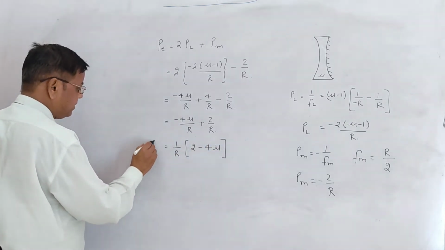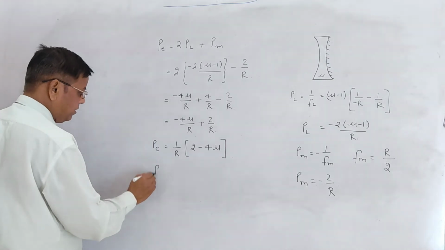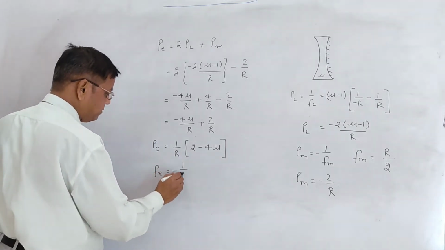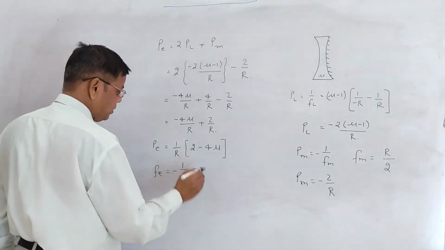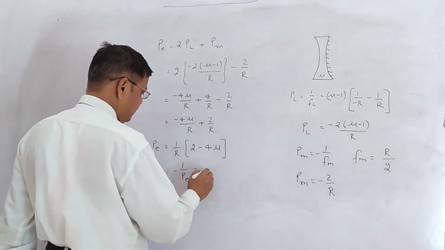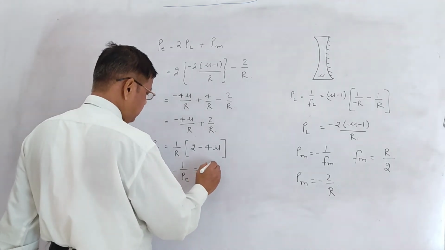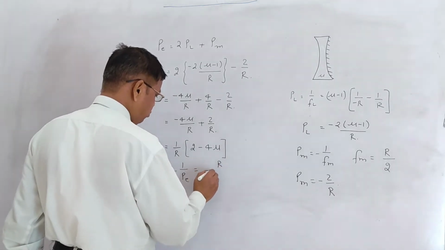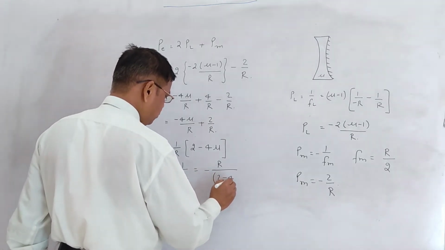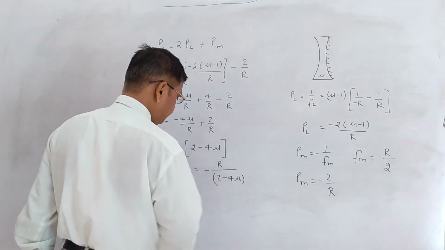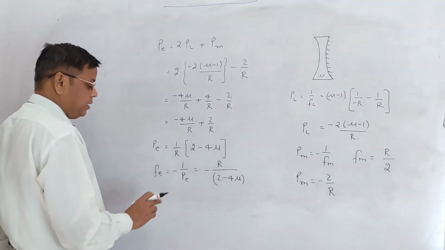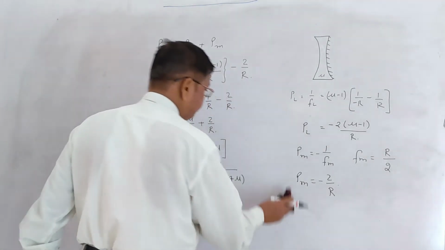This is P effective. Now F effective is minus 1 upon P effective. So it is minus R upon 2 minus 4 mu. If I take minus common from here, I can write it like this also.